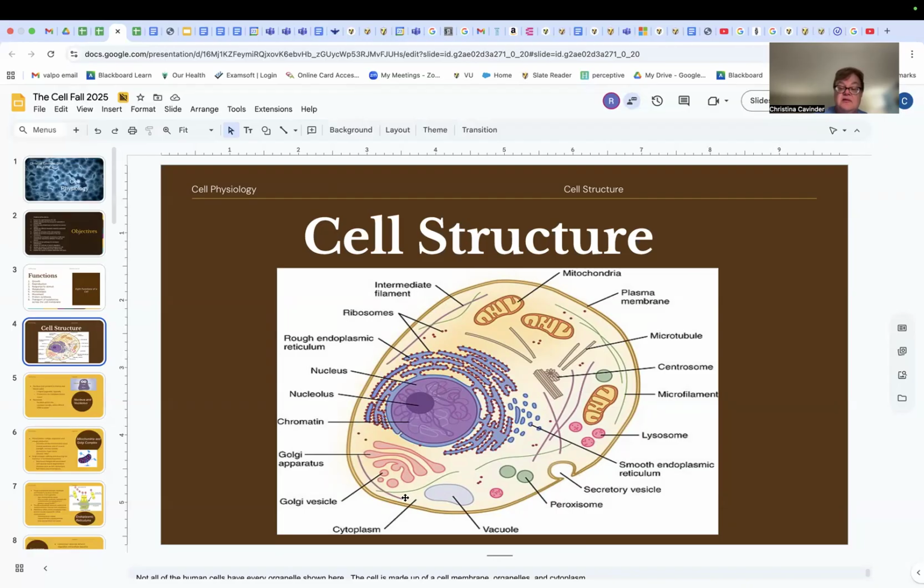As things are caught inside of the cell, the phagocytes will actually envelop around those abnormal, or what should I say, foreign bodies that are within the cell, and then they go to the cell wall, and you have the secretory vesicle where they're expelled out of the cell.